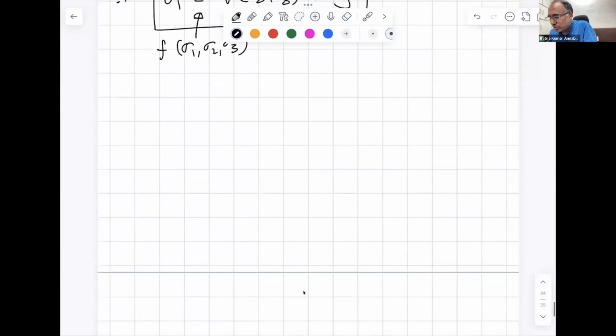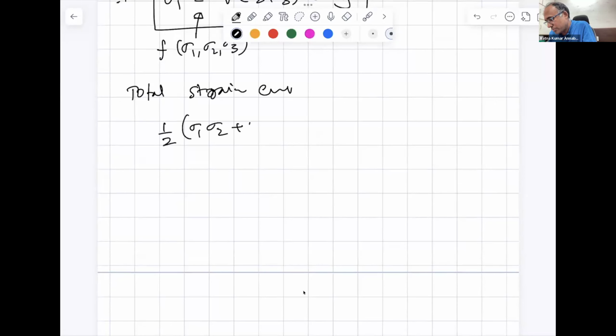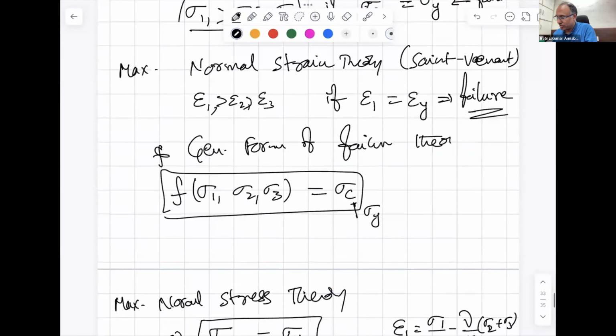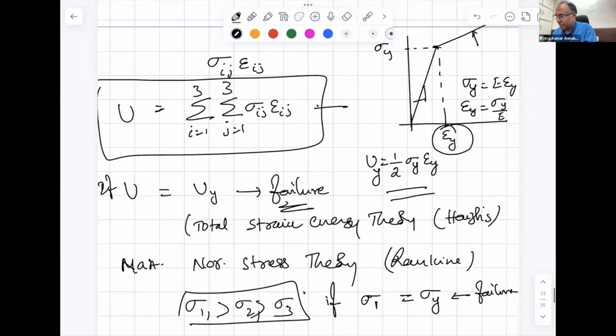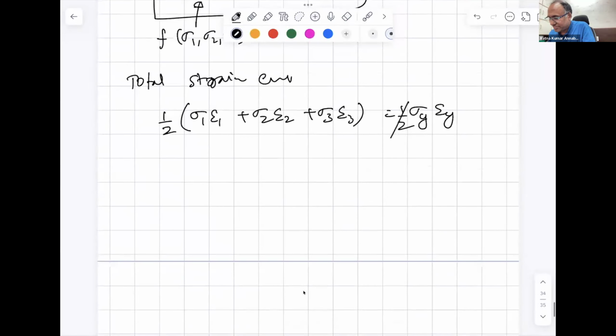Similarly, if you take the total strain energy theory, 1/2 (sigma 1 epsilon 1 plus sigma 2 epsilon 2 plus sigma 3 epsilon 3) is equal to 1/2 sigma y epsilon y. That is what we have written, no? The half gets cancelled.